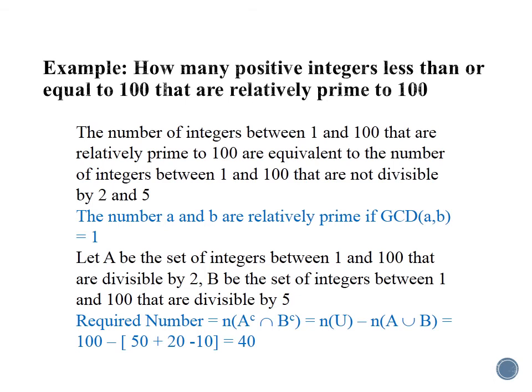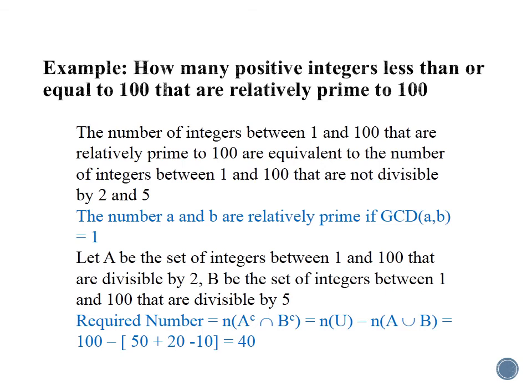The number of positive integers between 1 and 100 that are relatively prime to 100 is equivalent to the number of integers between 1 and 100 that are not divisible by 2 and 5. We know that two numbers are said to be relatively prime if their GCD is 1.